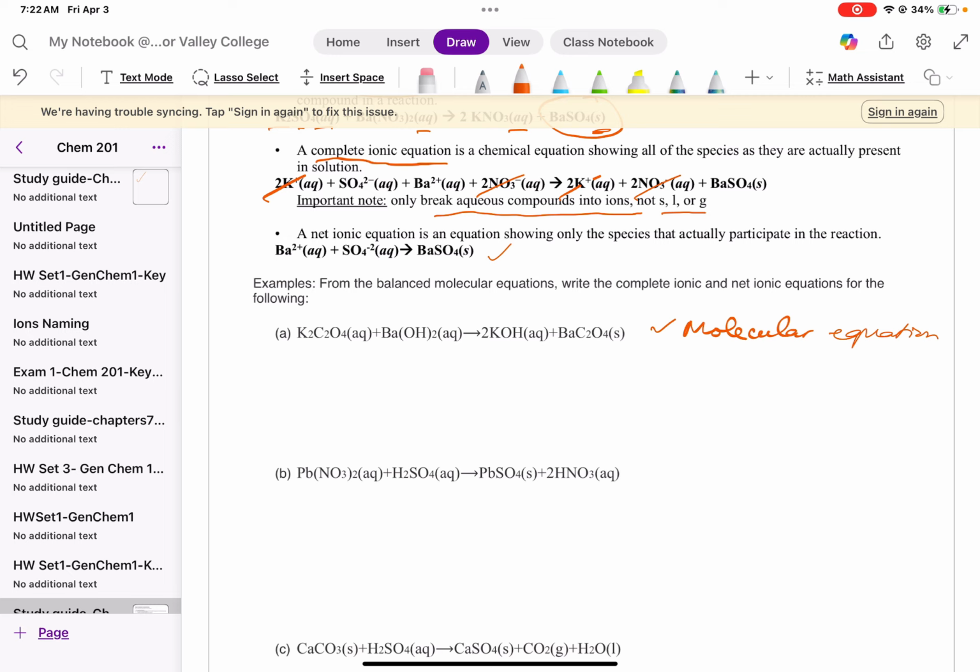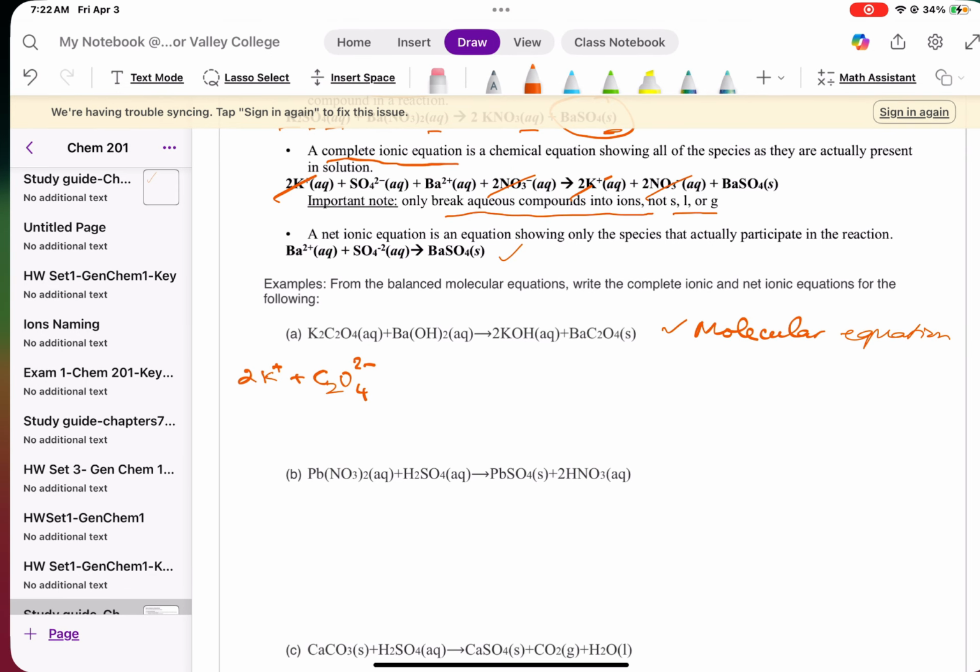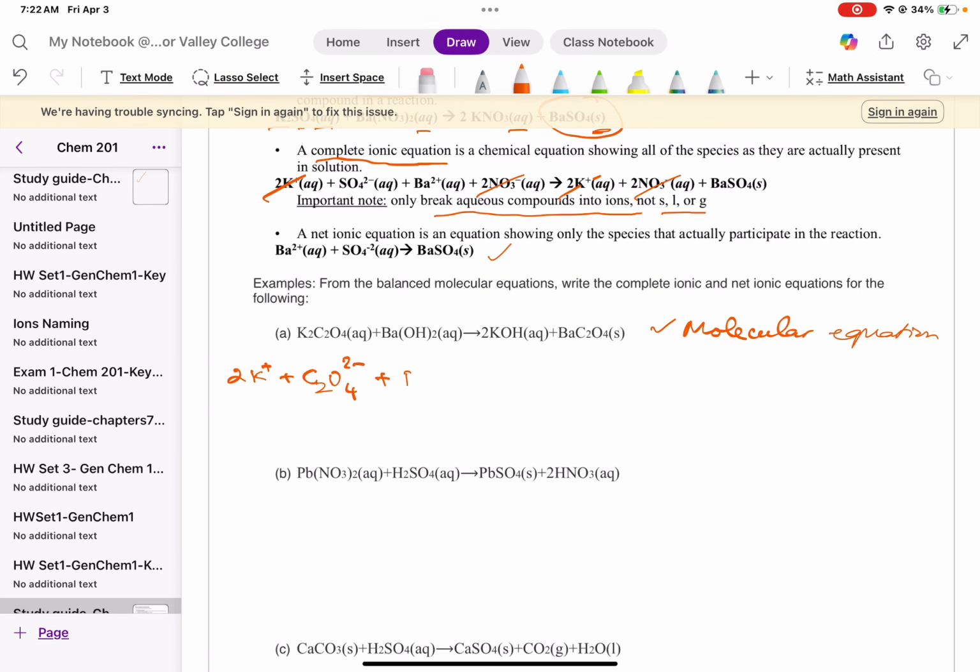The complete ionic equation would be 2K plus, C2O4 2 minus, and they are all aqueous, plus barium 2 plus, 2OH minus, and that gives us 2K plus, 2OH minus, plus barium oxalate. We leave that alone because it's a solid.